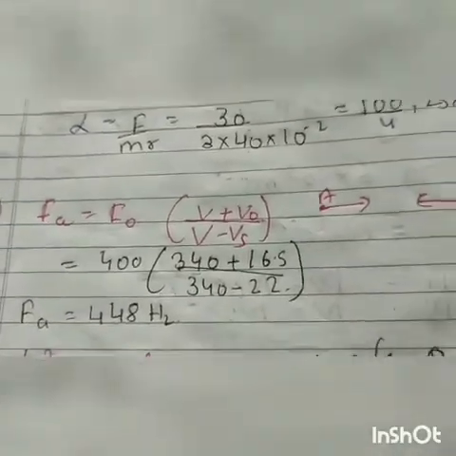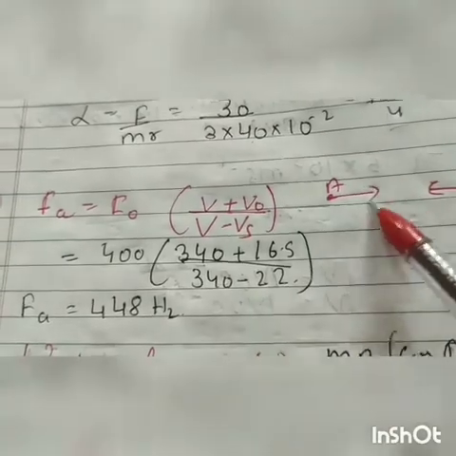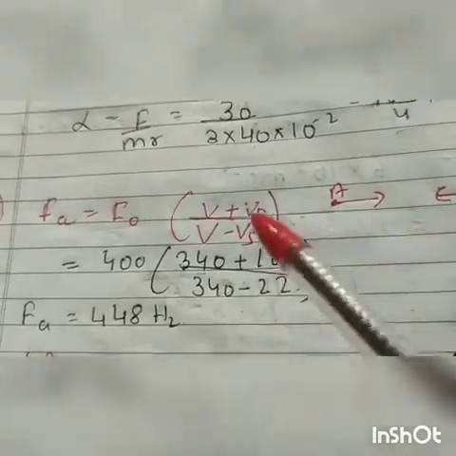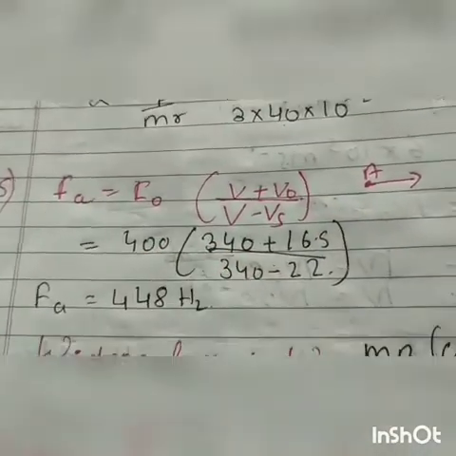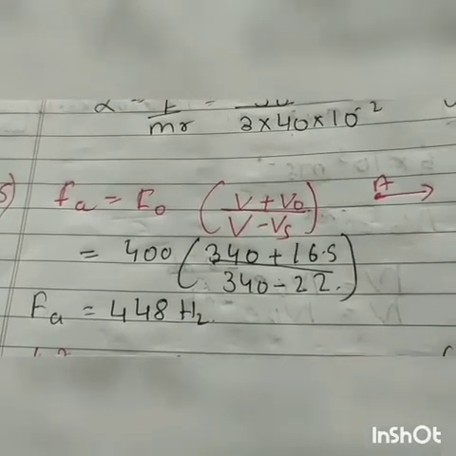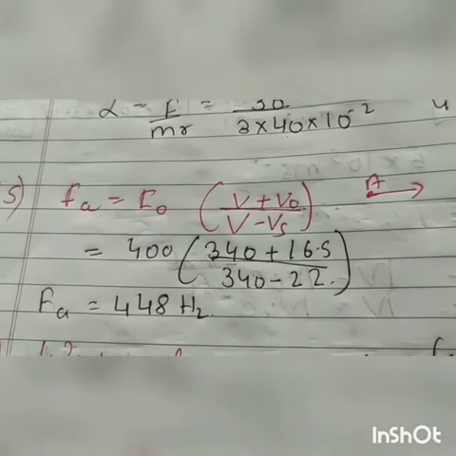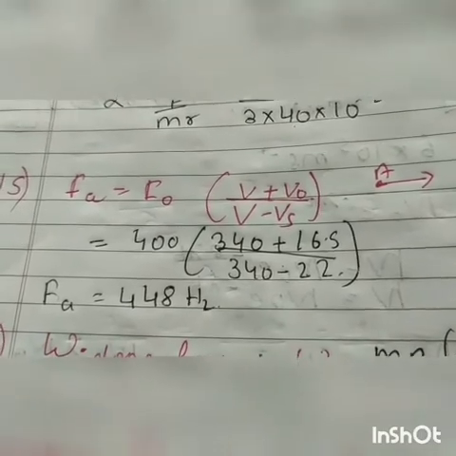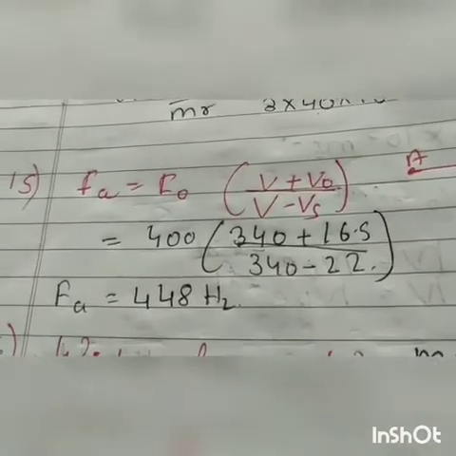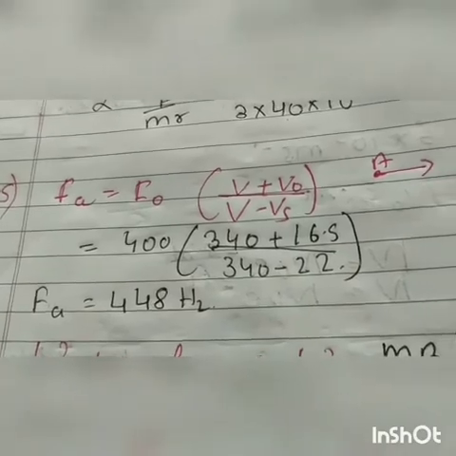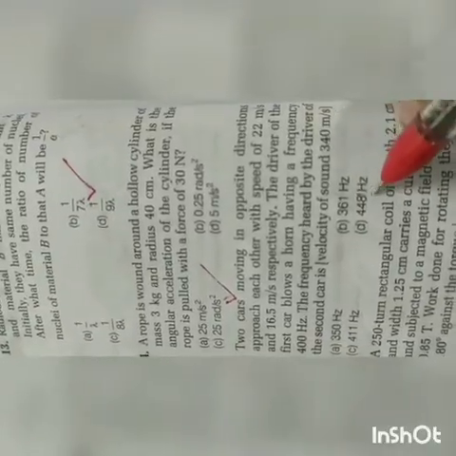They both are moving towards each other. So f_a is equal to f_o (v + v_o)/(v − v_s). So we will just put the values and our option will be 448 Hz. So correct option 448 Hz.